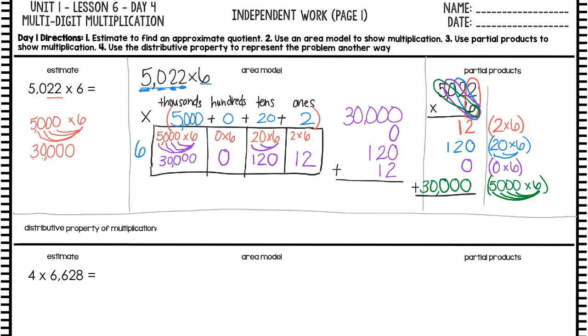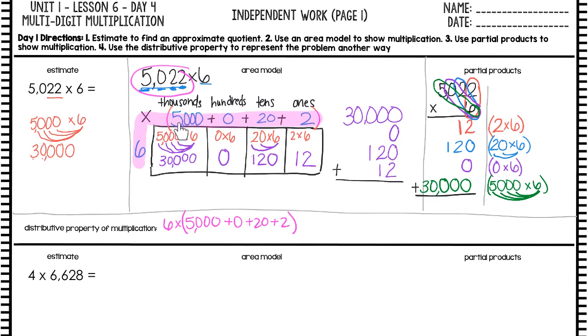So I'm going to take 6 times 5,000 plus 0 plus 20 plus 2. And that's going to be one way that we can show the distributive property. Now I need my parentheses because this represents 5,022.